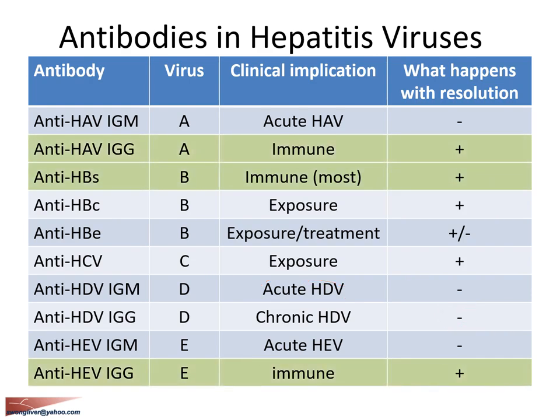It's very similar to hepatitis A. Now, I've highlighted in green the antibodies that are protective. So only anti-HAV IgG, anti-HBs, and anti-HEV IgG are the protective antibodies. The rest are really not protective antibodies. They have different clinical implications as I've shown in this slide. Okay?